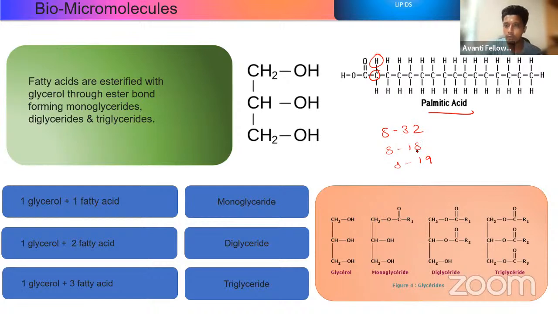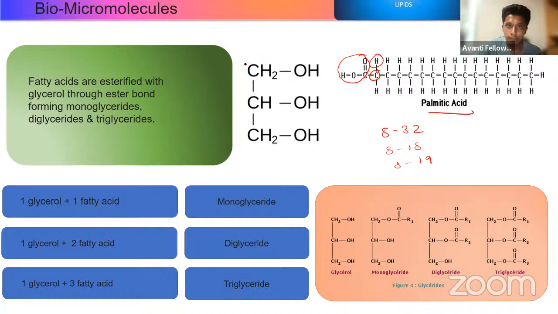Okay, so why do we call it a fatty acid? Because to this long chain of hydrocarbons, at the last carbon you have a carboxylic group attached here. You can see COOH, which is a carboxylic group, and that gives the acidic nature to your fatty acid. That's why we call it an acid. All right, so now this glycerol has carbon atoms 1, 2 and 3, isn't it?